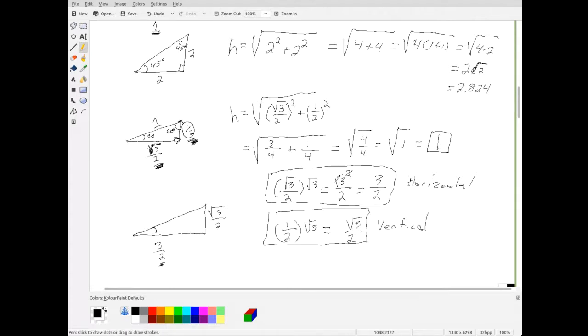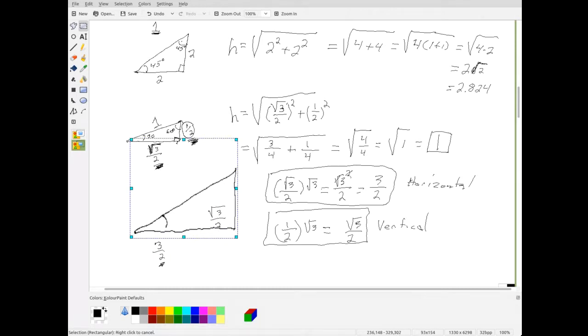Okay. And so what I basically did was I took the triangle above it, and I just multiplied it. So I made it bigger by multiplying it by the square root of 3. Okay. So I just kind of made it bigger like that.